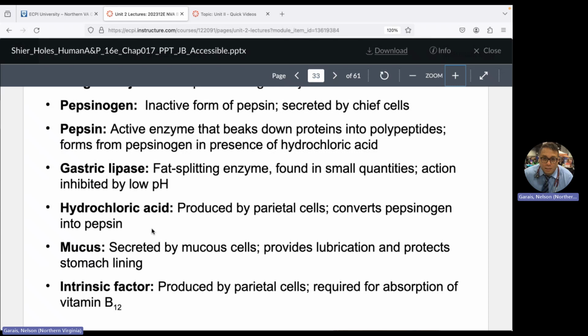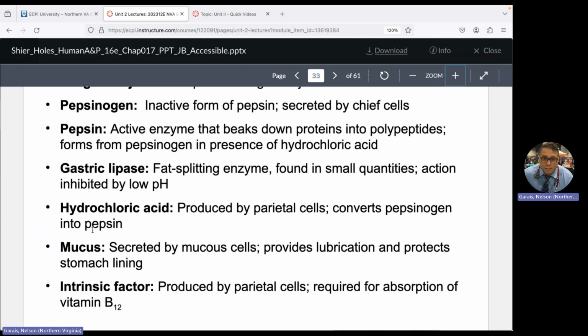Hydrochloric acid gets produced by parietal cells because these enzymes need a pH close to 1. The pH of the rest of your body should be around 7.4, but the pH inside your stomach is 1 or less. Now, why doesn't it just burn a hole through your stomach?